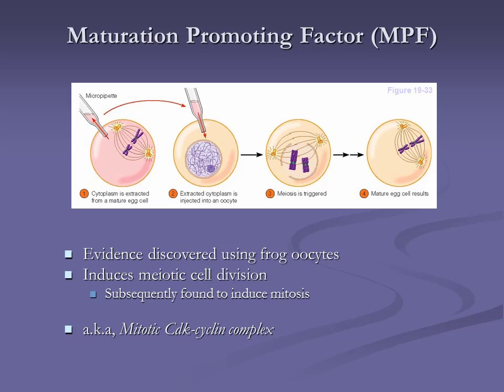If you were to take some cytoplasmic material from a cell that's undergoing mitosis and inject it into a cell that's not currently undergoing mitosis, that's going to cause the cell to undergo mitosis before it should.